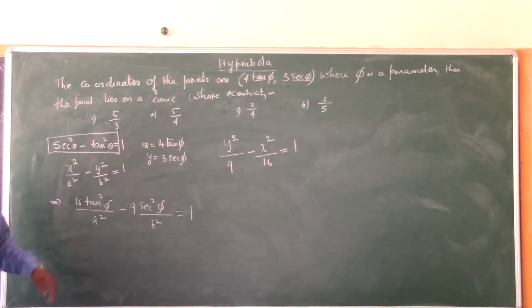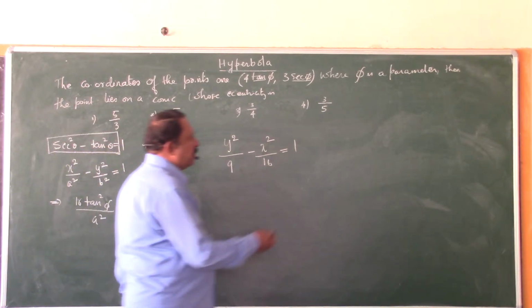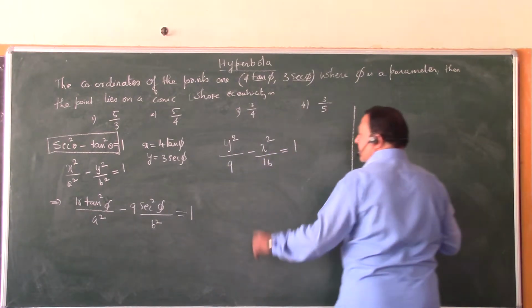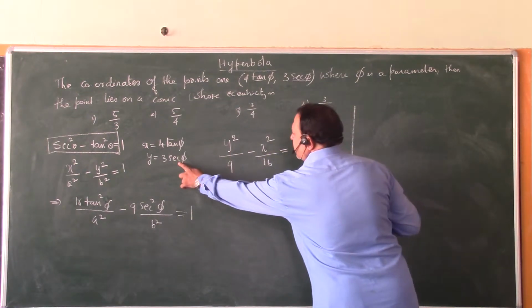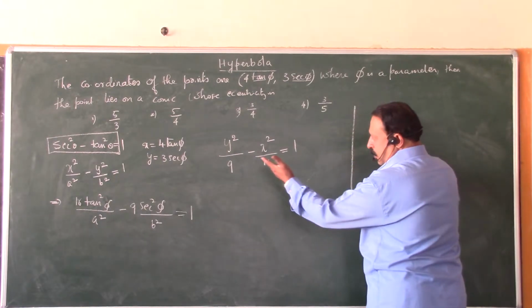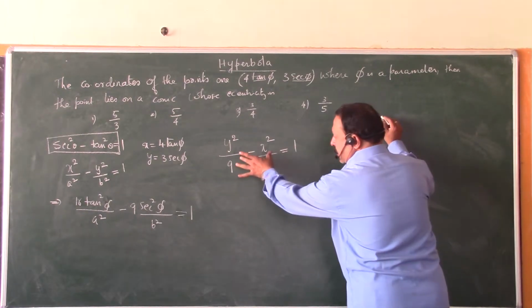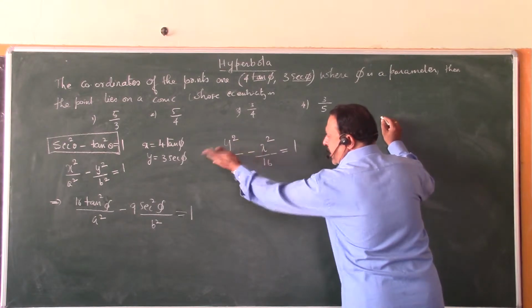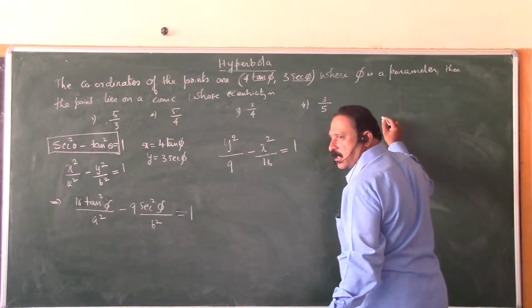How did we write this? It is correct because you can check what is y. 3 secant phi. So if you want to check how this comes, you substitute for y and x and you get 1 on the right hand side.